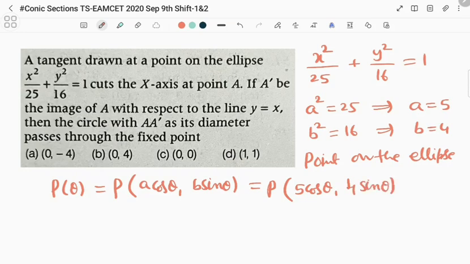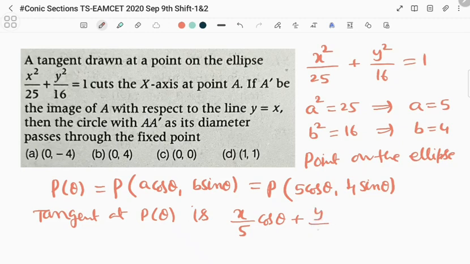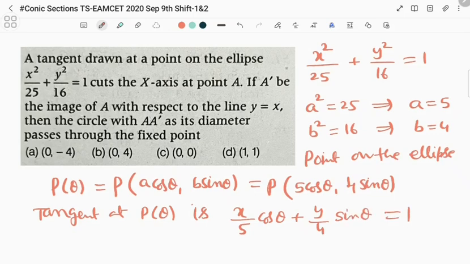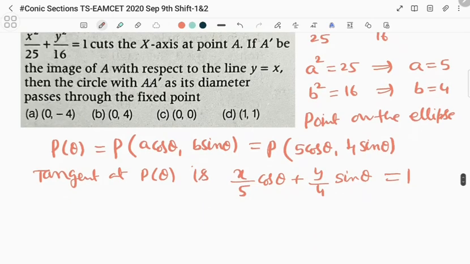So at this parametric point, the tangent equation, tangent drawn, tangent at P of theta is x by 5 cos theta plus y by 4 sin theta is equal to 1. So this equation cuts the x-axis at the point A.